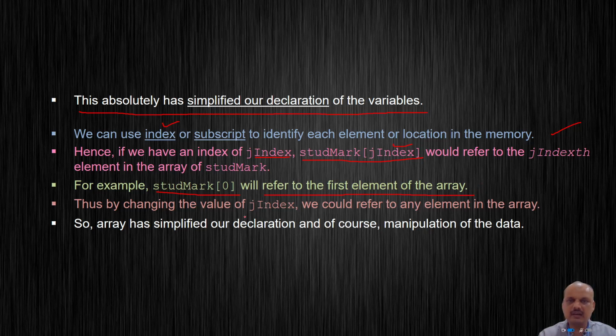By changing the value of the index j, we can refer to any given student at any given point of time. So an array has not only simplified declaration, it has also put us very much in control to have access to whichever information that we want in this array.